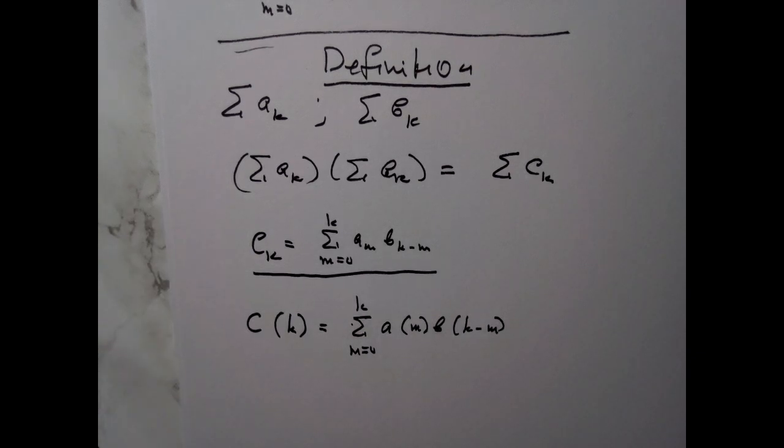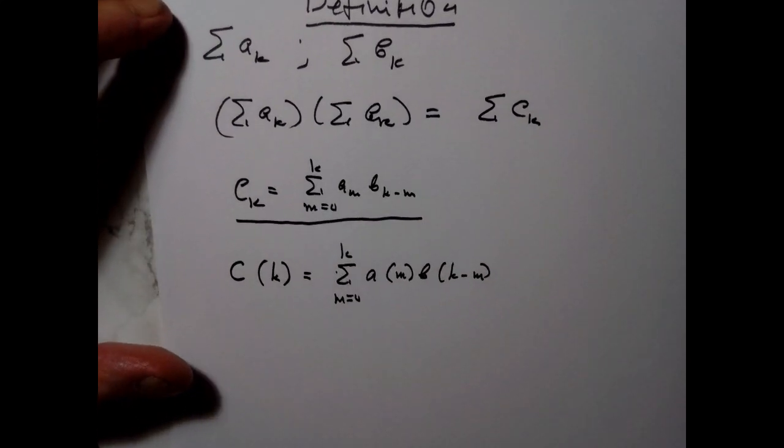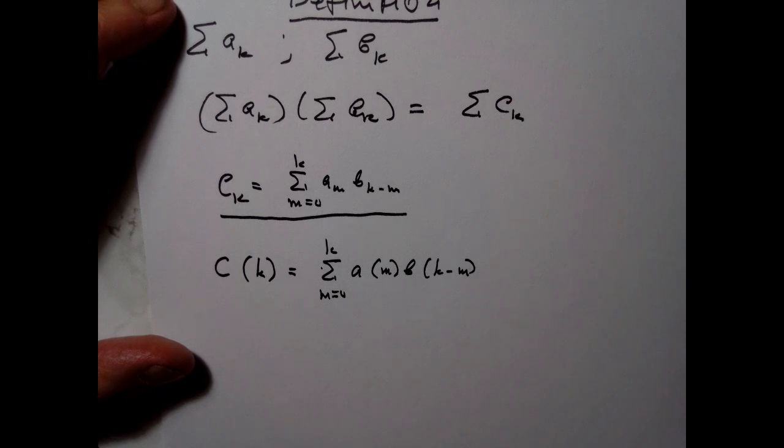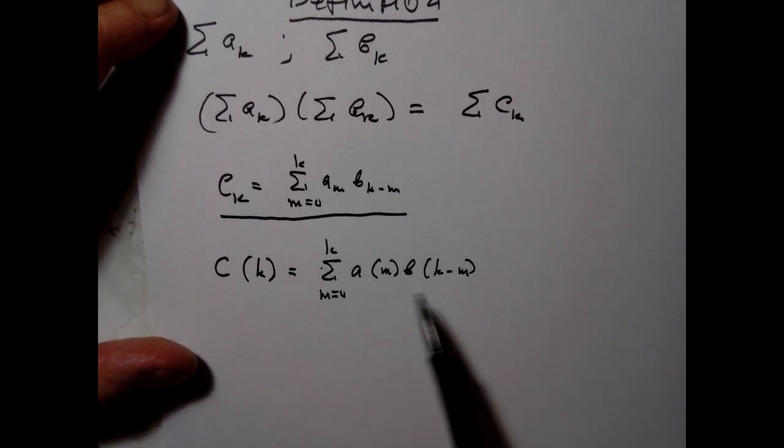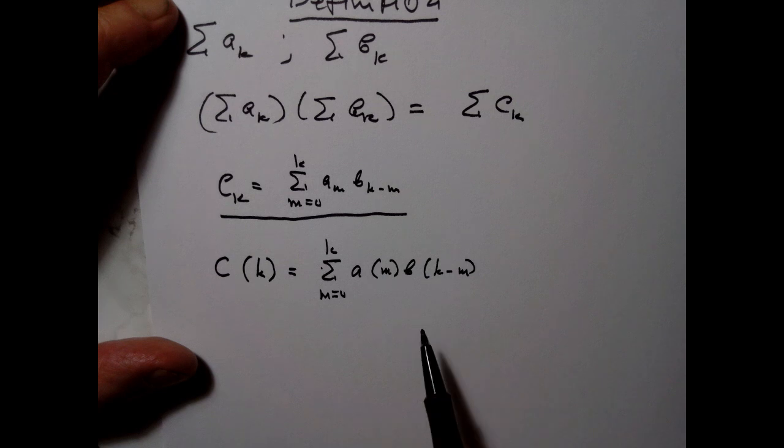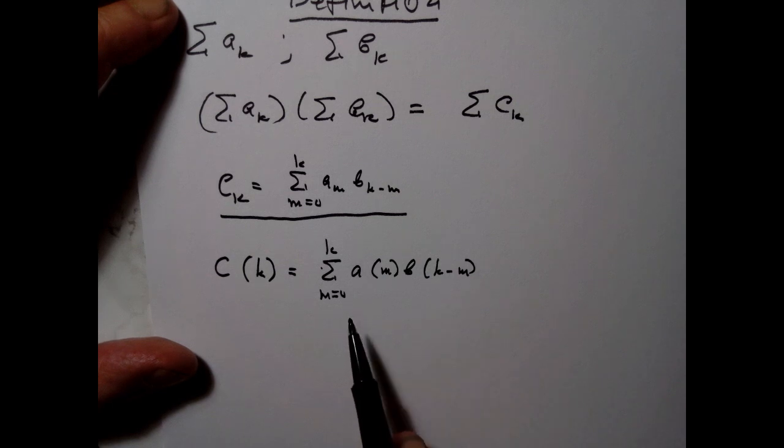Have you ever seen anything like that before? Well, I claim you did. You probably have seen it in a differential equations course, where, remember, this is the sum, and if I have infinitely many of those things, and if these are not m, k, and m, but x and y, then this sum becomes an integral. Remember how the integral was the limit of the sum?